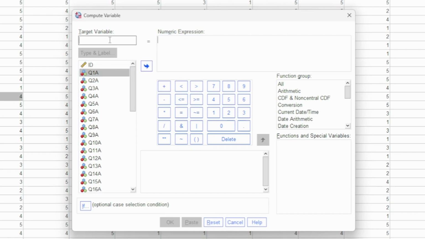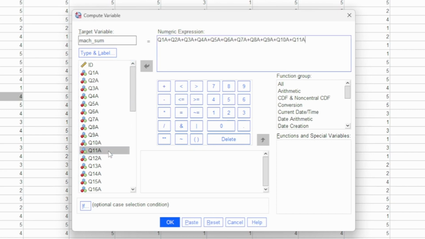So I'm going to call the target variable Mach sum, because it is the sum of all the Mach items. So 1 plus 2 plus 3 plus 4 plus 5 plus 6 plus 7, and you just keep going along with this until you have all 20 items.